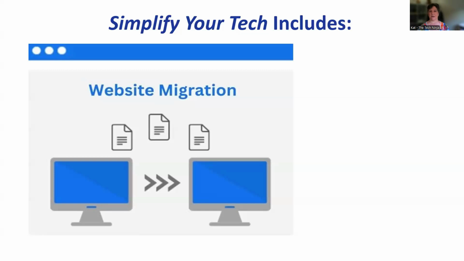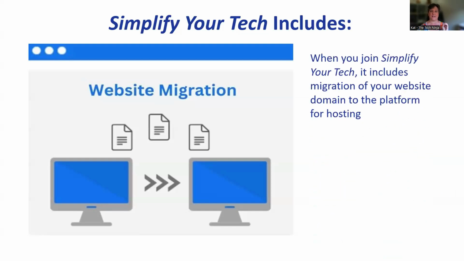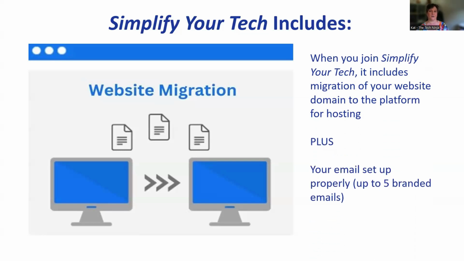So a lot of companies charge for the migration. This is my gift to you for becoming a client. And it is also including the setup of your email and creating emails that are part of your dedicated email domain. So for example, cat@simplifyyourtech.com rather than cat@gmail or simplifyyourtech@gmail.com.